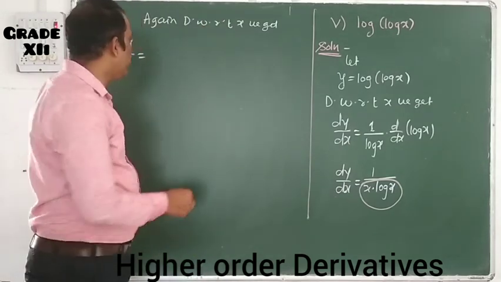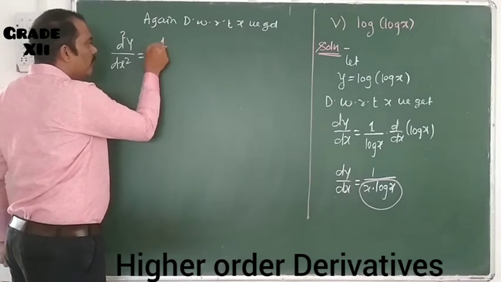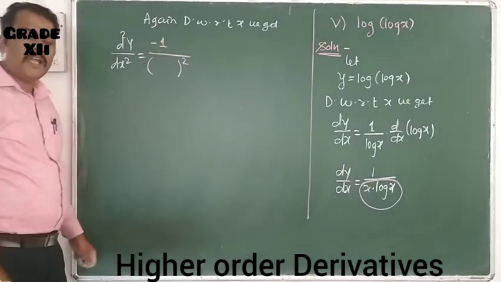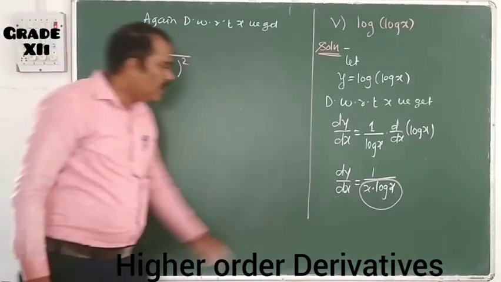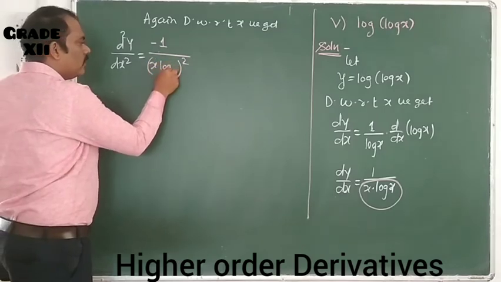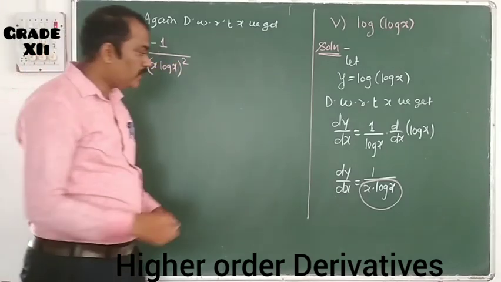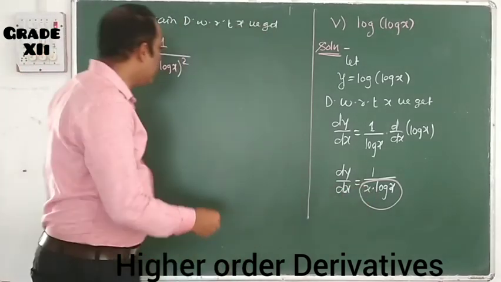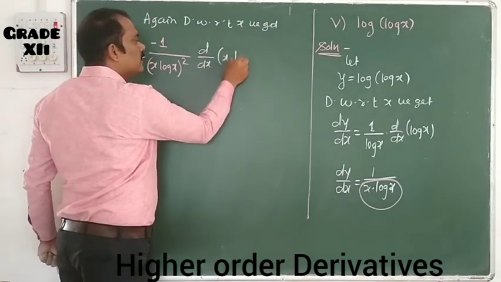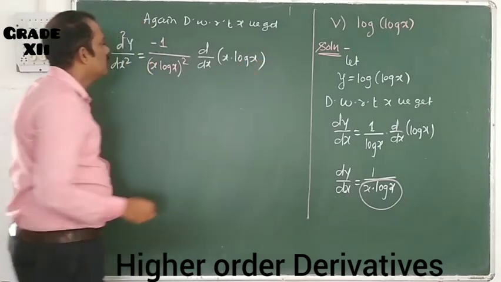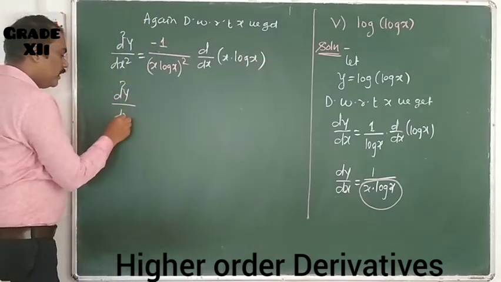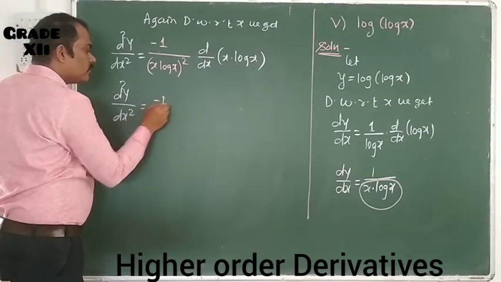The derivative is nothing but minus 1 upon x square, and that x is the x into log x. Then we have to keep the finger on x into log x, that is d/dx of x into log x.